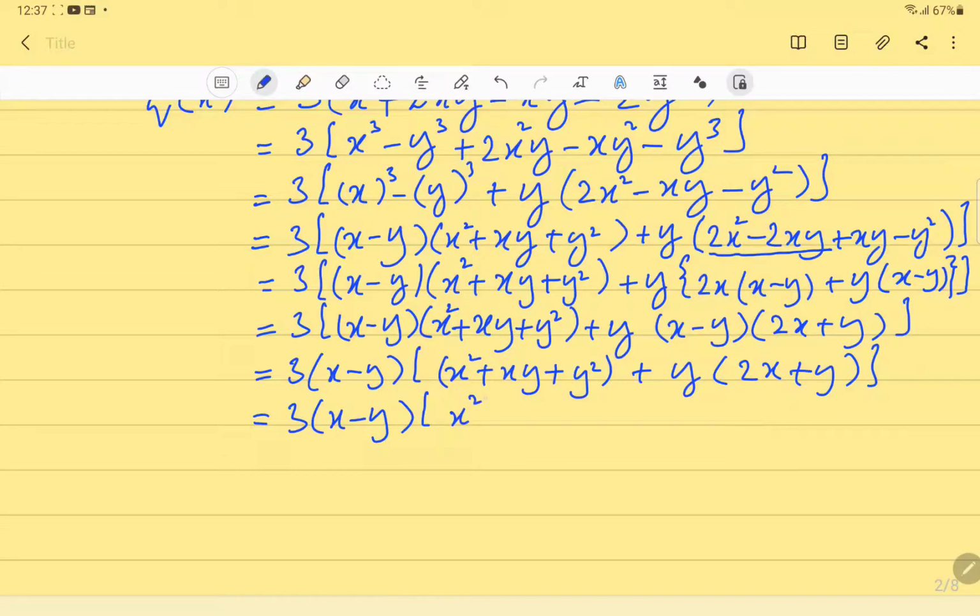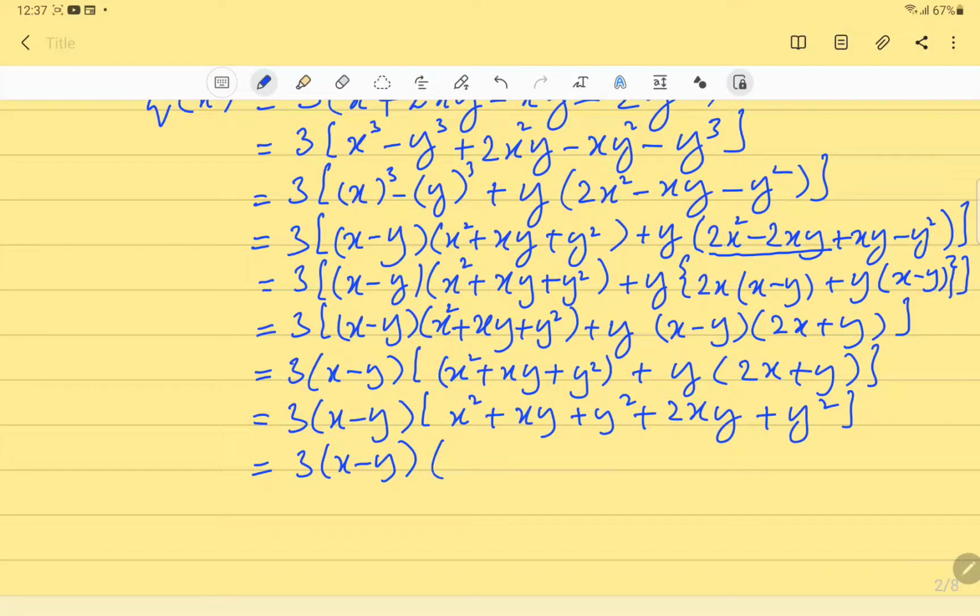So we will be having x squared plus xy plus y squared plus 2xy plus again y squared. So x squared, this xy will add to this one, it will come plus 3xy, and this y squared and y squared will add, it will be 2y squared.